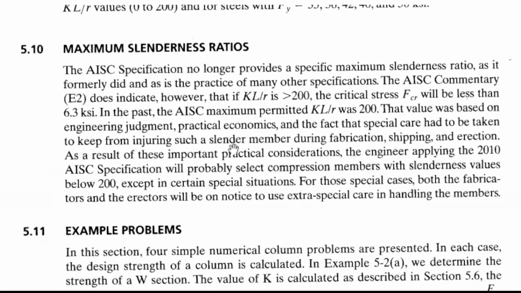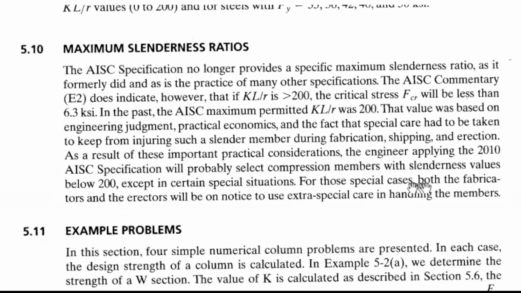So, as a result of these important practical considerations, the engineer applying the 2010 code will probably select compression members with slenderness values below 200, except in certain special situations.